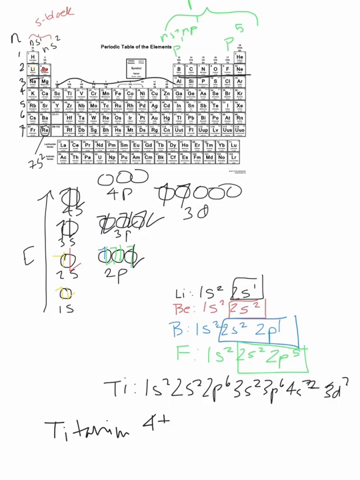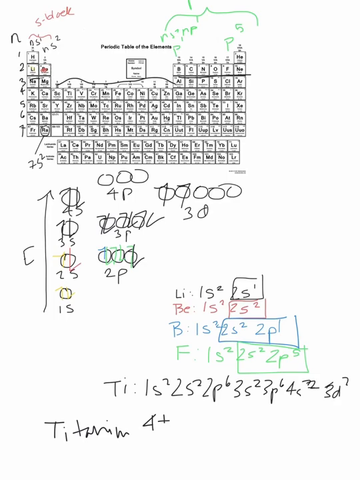If we look, the orbital that is the highest in energy is the 3d. So in theory, in terms of energy, the 3d electrons are going to be the easiest to pull off. However, the 4s electrons are physically further away from the center of the atom.